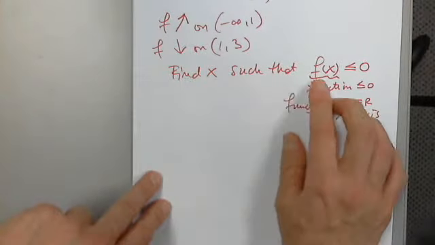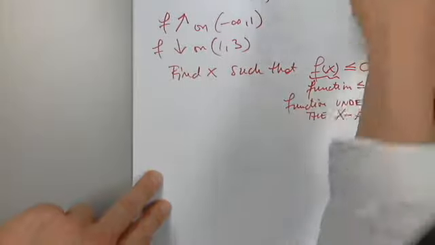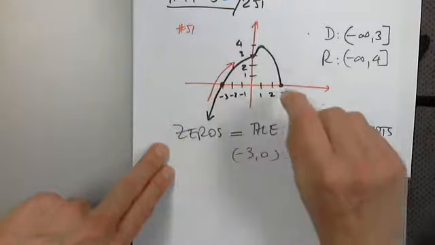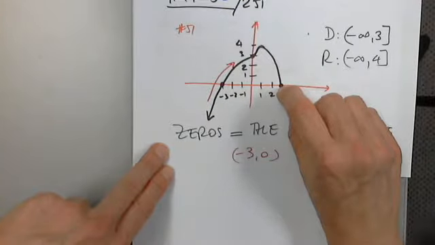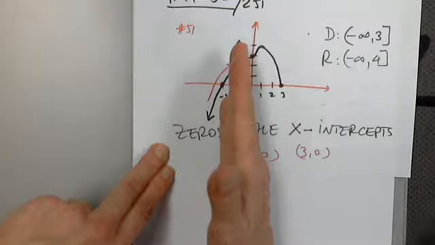Find x such that the function is 0 or negative. So where is the function 0 or negative? It's 0 here, it's 0 here, and it's negative between negative infinity and negative 3.